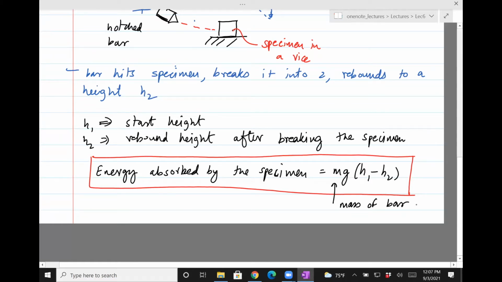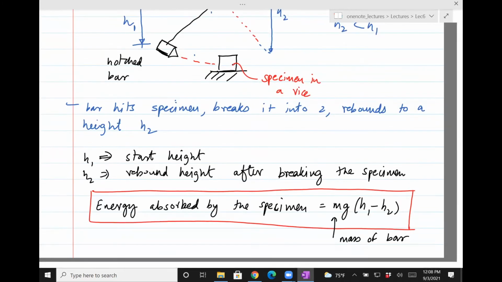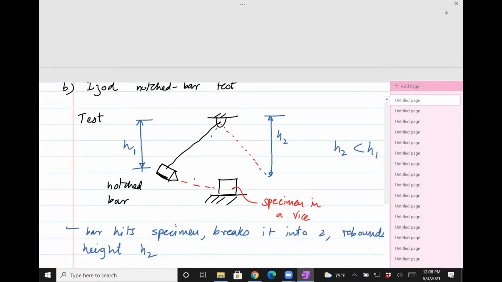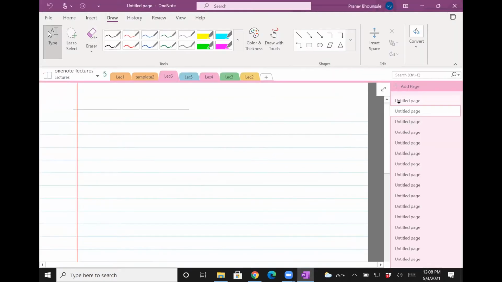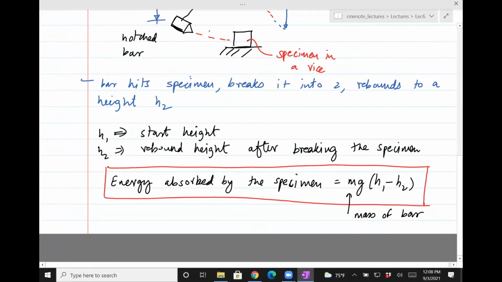Okay, so it's a very simple concept, right? The change in height of the bar correlates with the energy change which is imparted to the material which is clamped. As I said, maybe I should put a figure there. Let me finish this.